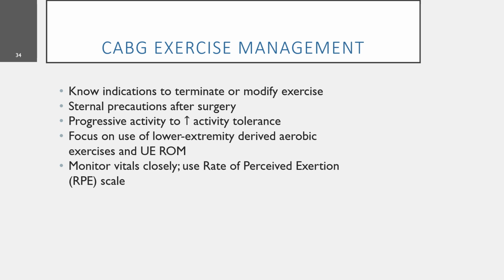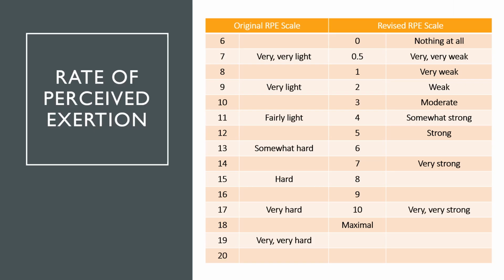Lower extremity exercises have been demonstrated to regulate heart rate, lower diastolic blood pressure, and improve oxygen transport. And monitor vital signs closely and use the rate of perceived exertion scale. Here is the rate of perceived exertion. The target would be between 11 and 14.